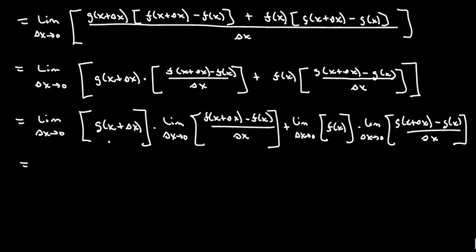Like that. And now the limit as delta x goes to 0 of g of x plus delta x is just g of x. And this limit right here we know is the derivative, that's how we defined it. The limit as delta x goes to 0 of f of x is still just f of x. And this is going to be g prime of x. And there you have your proof for the product rule.